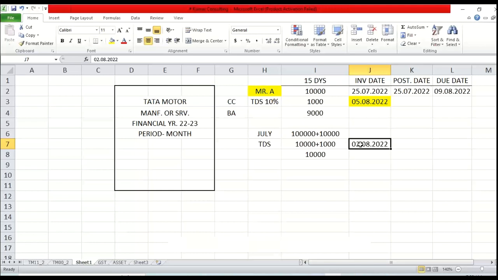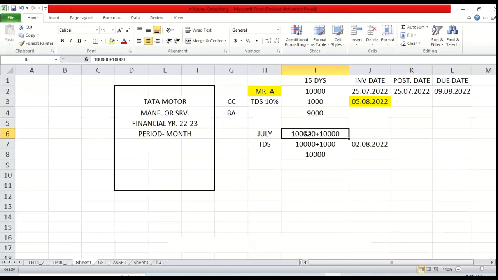So till the 2nd, what is happening, guys? Till the 2nd, in July month, overall 1 lakh worth of invoices was there, and overall 10,000 TDS, so a 10,000 payment was made. Till the 2nd, only 10,000 TDS was there. Actually on the 5th he realized, and on the 5th itself he posted the transaction. While posting, he gave the date 25th.